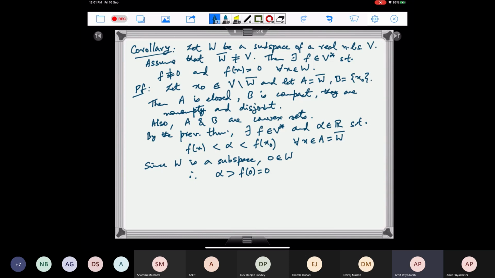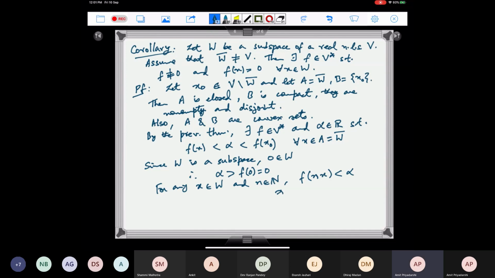So we can say that for any x in W, suppose I take any natural number n, then f(nx) has to be less than alpha.